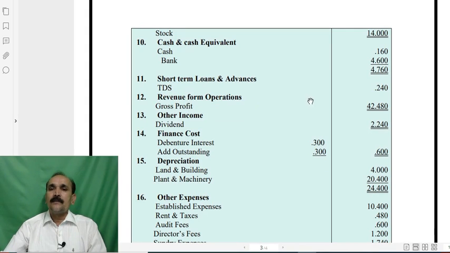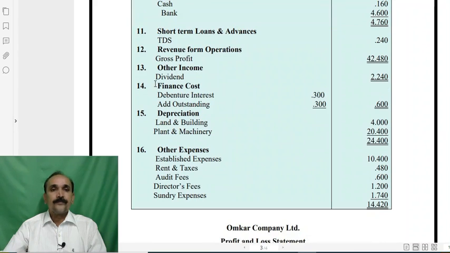TDS, given in the trial balance, 240. Note 12, revenue from operations, gross profit. This balance is also given in the trial balance, 42,480. Note 13, other incomes, dividend, balance from the trial balance.